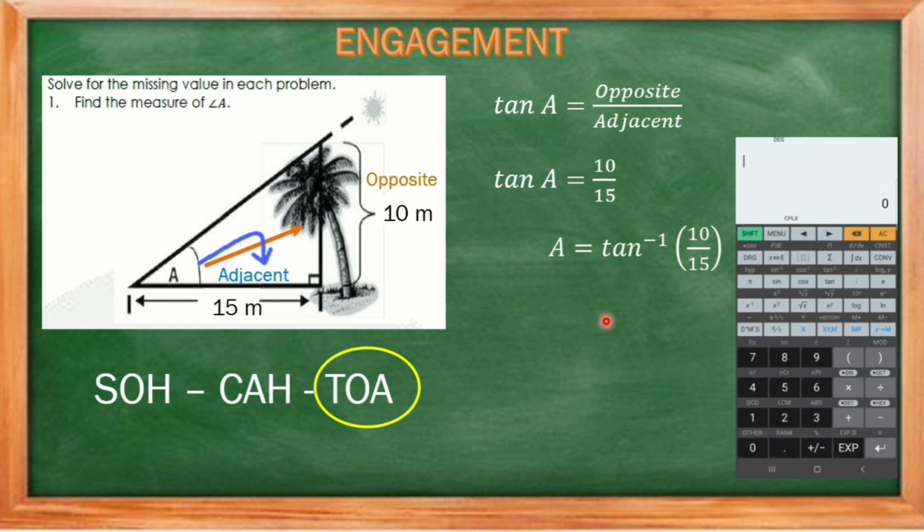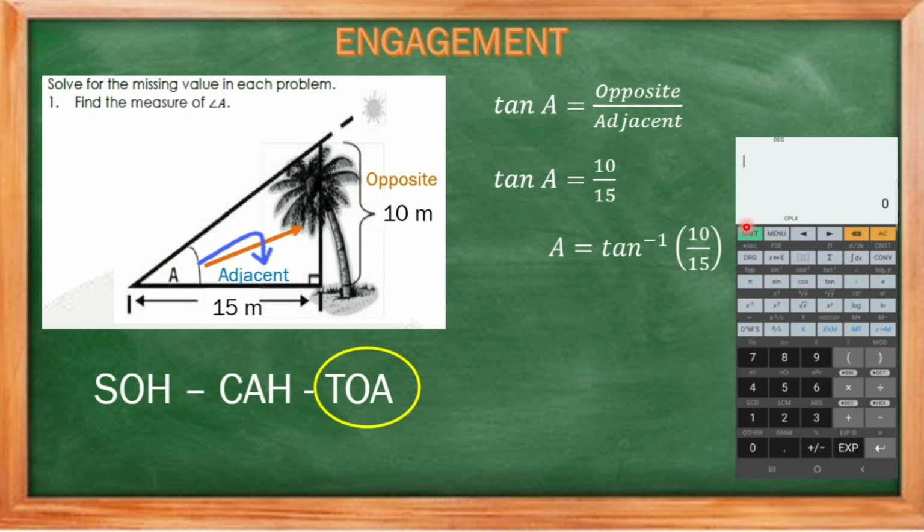So, ganito lang ang gagawin natin. Make sure na yung calculator ninyo ay naka-degree mode. Tapos, kapag angle ang hinahanap natin, we always key in the shift. So, i-press nyo yung shift. Tapos, pag may lumabas na shift, ibig sabihin, na-press nyo na yung shift.